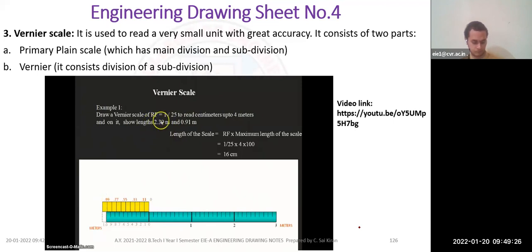So here, for representing this 2.39 on this Vernier scale, first we need to subtract the 9 related value on the Vernier scale. So here the 9 related division is 0.99. Take this 0.99 and subtract from this value.